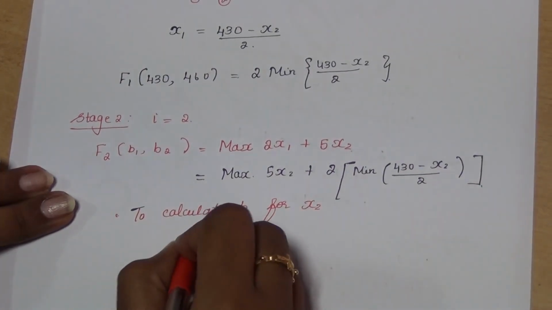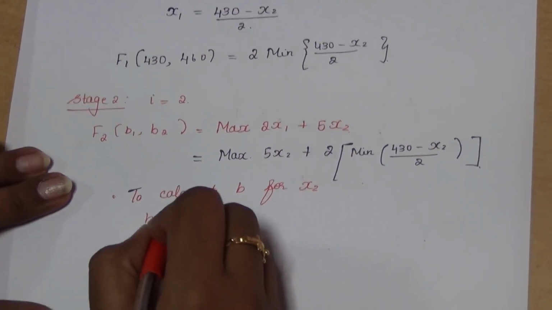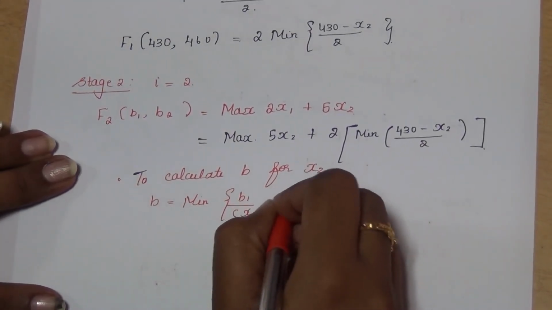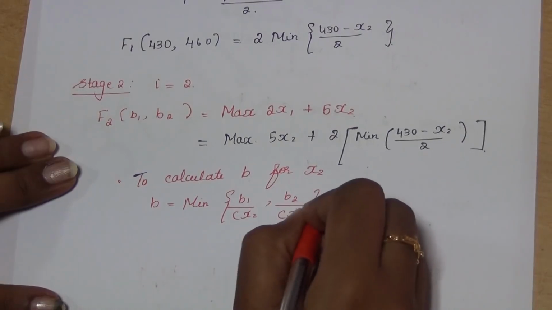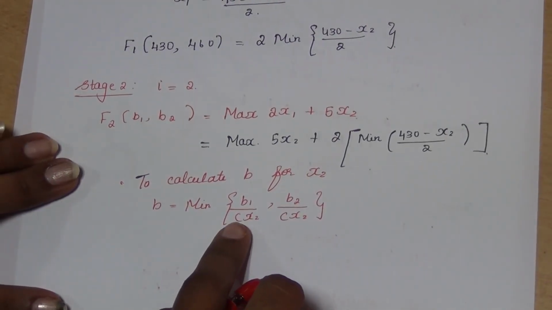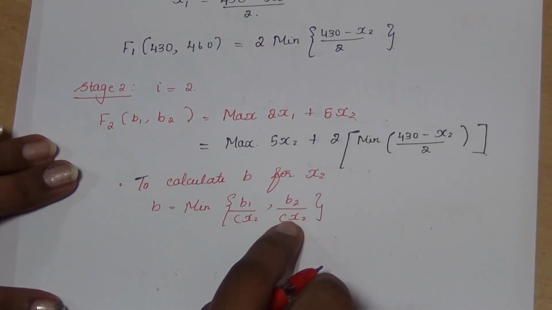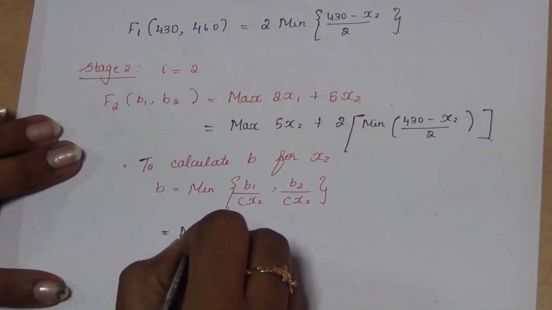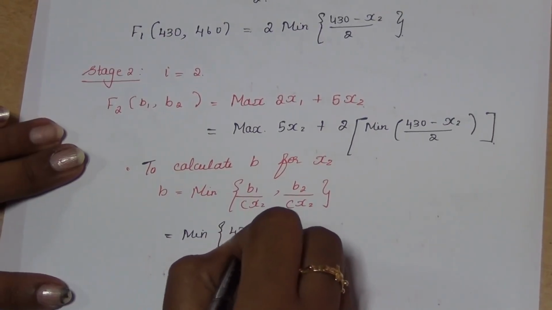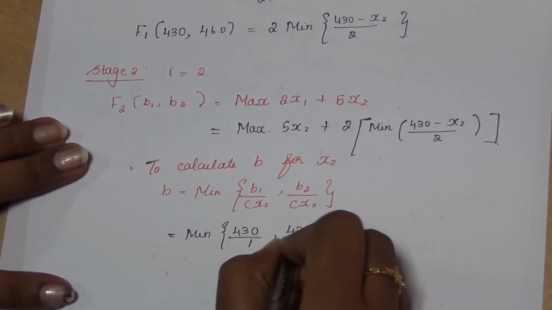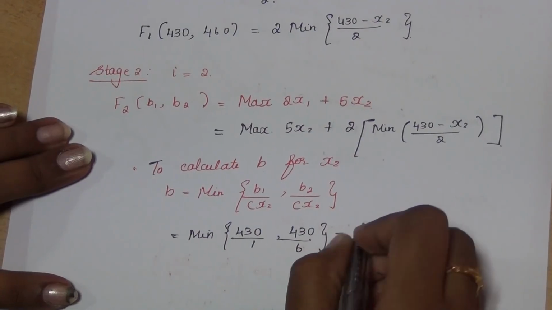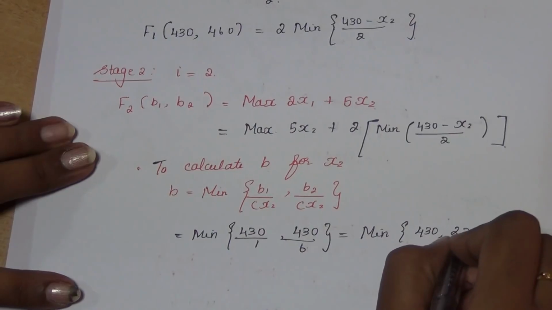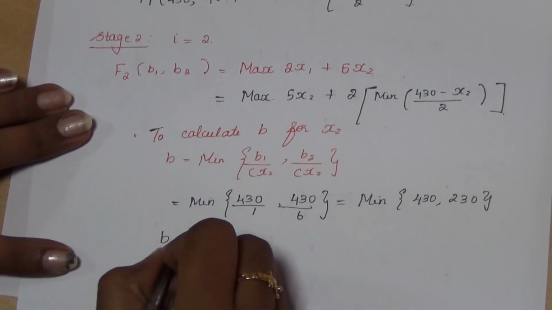The formula used is b equals the minimum of b1 by cx2, comma, b2 by cx2. This will be the coefficient of x2 from constraint number 1 and the coefficient of x2 from constraint number 2. So this will result in the minimum of 430 by 1, comma, 460 by 2. By solving this, you will get the minimum of 430 comma 230. So the final answer is b equals 230.